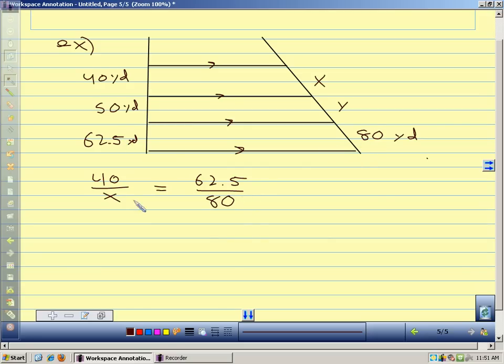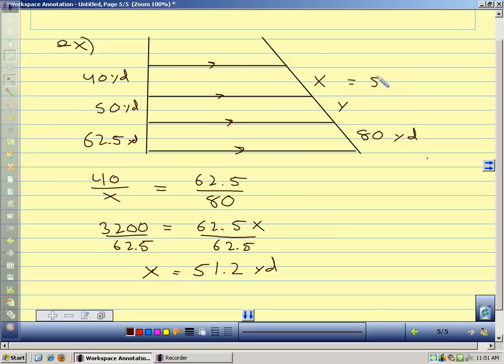So those are parts that I know, and I need to figure out X. This tells me that when I cross multiply, 80 times 40, which is 3,200, equals 62.5 times X, divided by 62.5, and X finally equals 51.2. So we figured out that's 51.2.